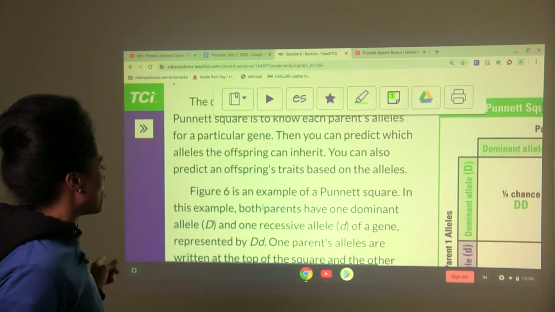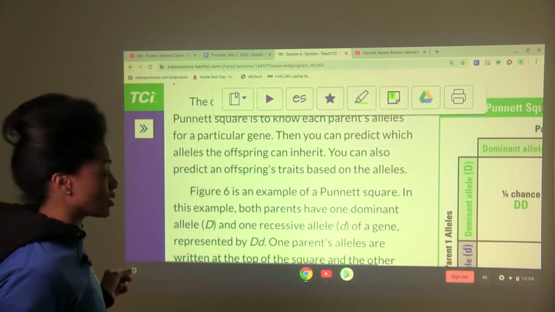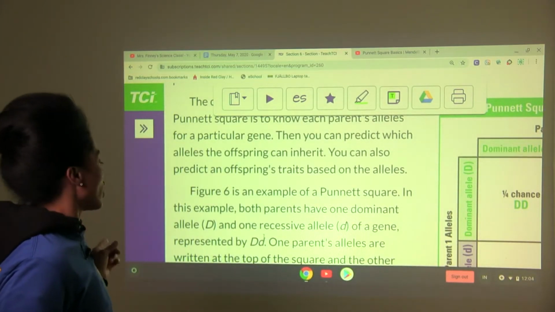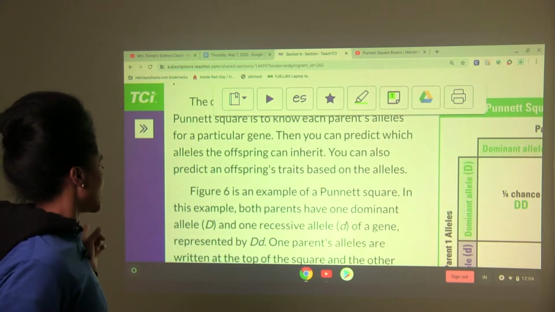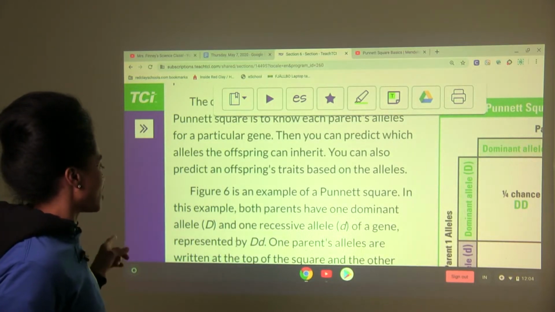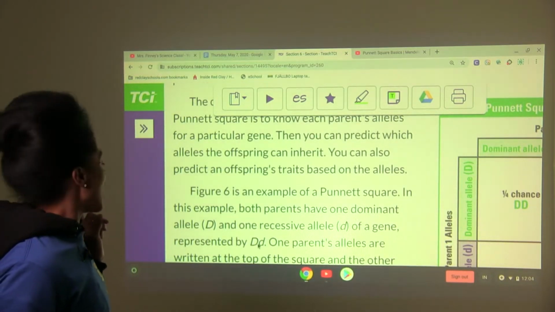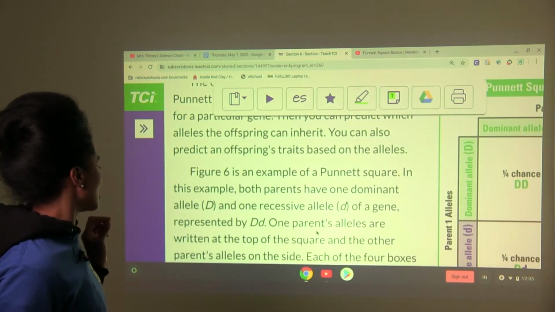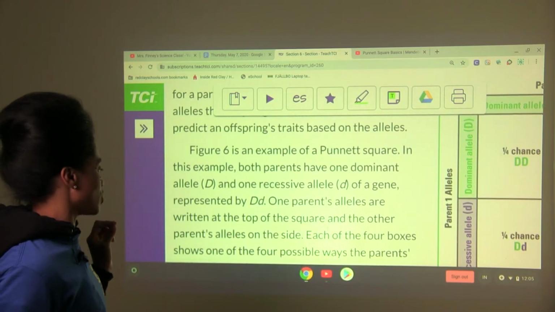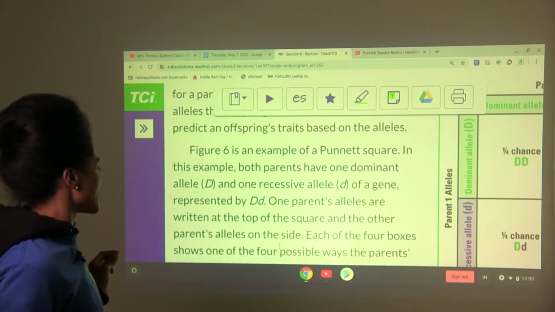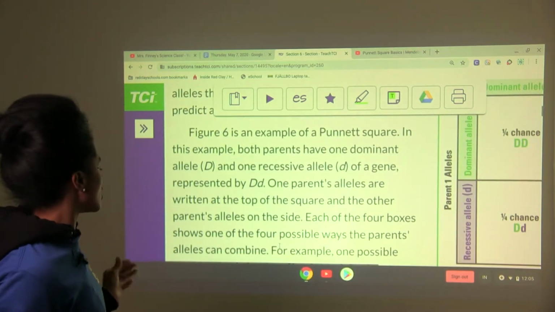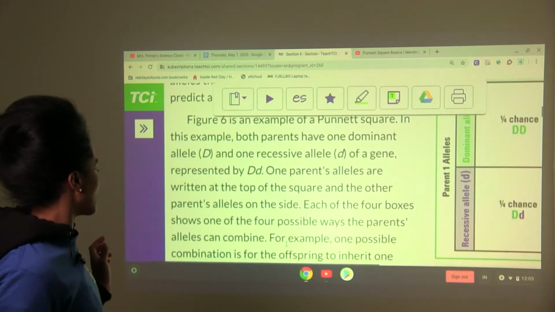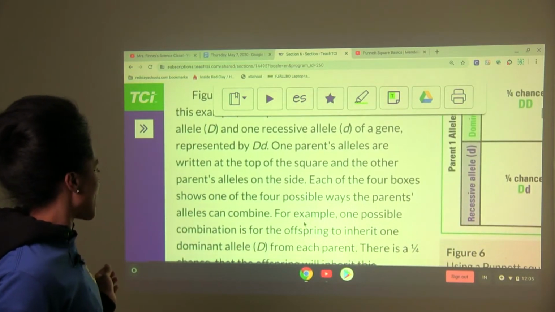In this example, both parents have one dominant allele and one recessive allele of a gene, represented by dominant D and recessive d. One parent's alleles are written at the top of the square and the other parent's alleles on the side. Each of the 4 boxes shows one of the 4 possible ways the parent's alleles can combine.